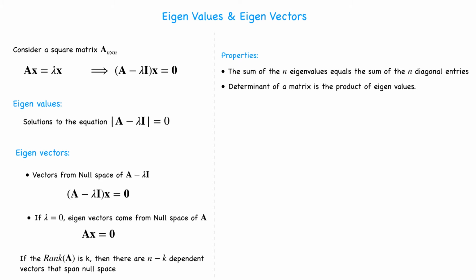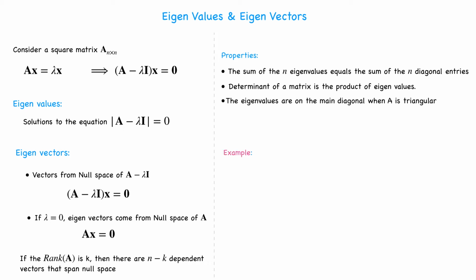The determinant of a matrix is the product of the eigenvalues. And the third property: eigenvalues are on the main diagonal when A is triangular. So when A is triangular or a diagonal matrix, the eigenvalues are always the diagonal elements.